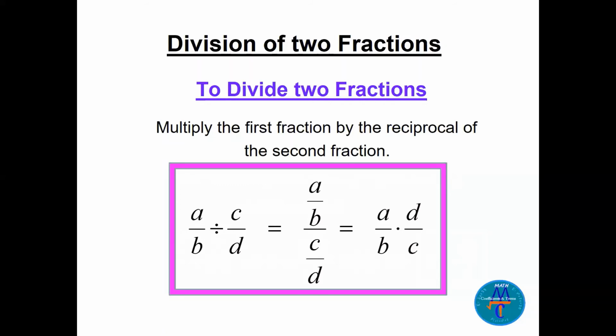Leave the first fraction, A over B, and then multiply by the reciprocal of C over D, which is D over C. So you invert the denominator: A over B times, instead of division, you put multiplication, D over C. Then you multiply AD divided by BC, and then you simplify.